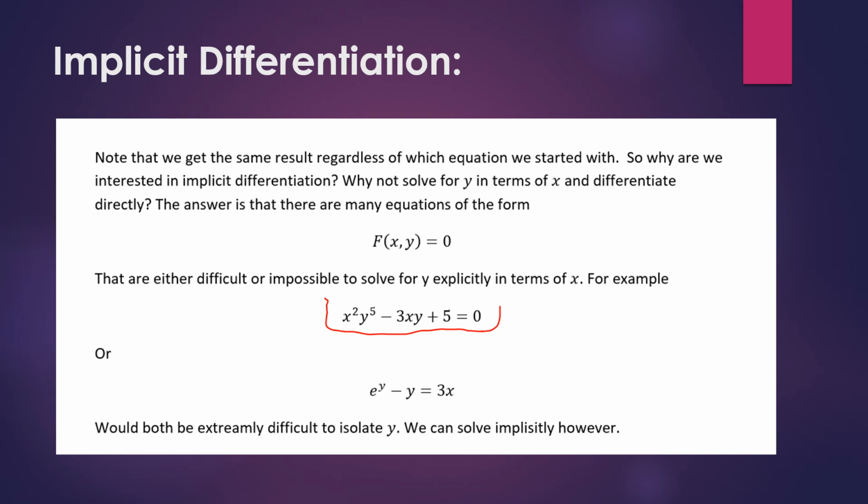Now that's going to be really hard to get y by itself because we have two terms with y and it doesn't necessarily just factor out. Or we could even have e to the y minus y equals 3x. Again, it's going to be extremely difficult to isolate y, but we could solve this problem implicitly. And that's why we're going to do implicit differentiation.